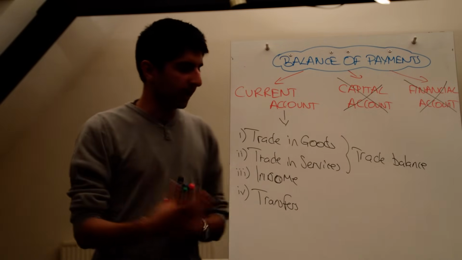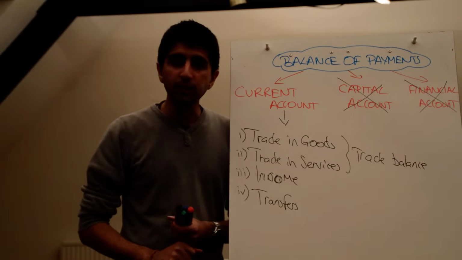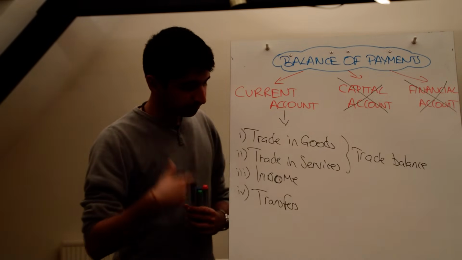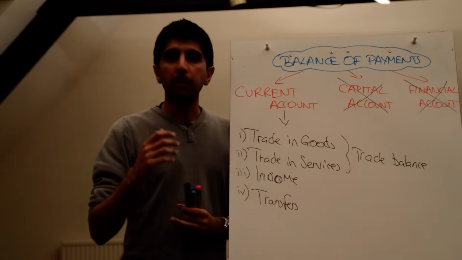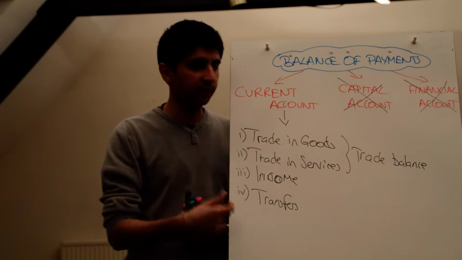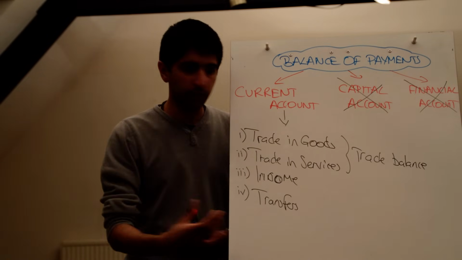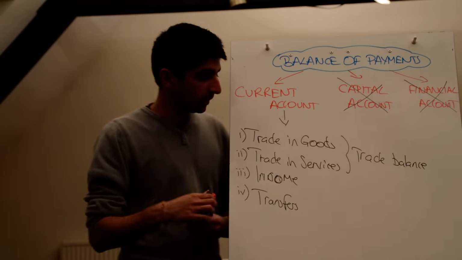Transfers can be government transfers, so the payment of EU fees. It could be the contribution of aid, so the government paying aid to Sub-Saharan Africa, to India, to developing countries. That's money leaving the country, so that would be a negative on the current account.